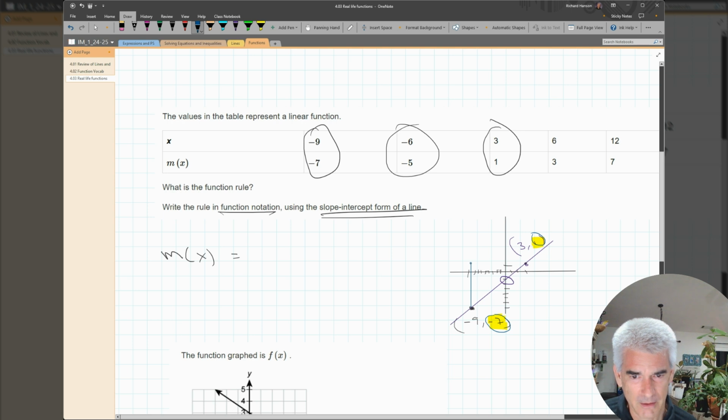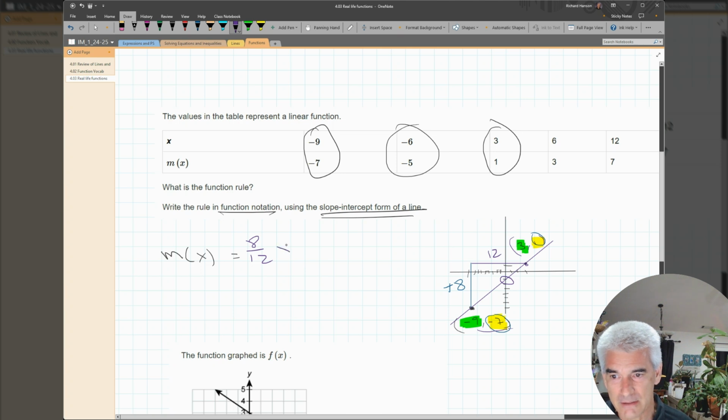Now using my x coordinates, started at negative 9, ended at 3. So I went over 12: negative 9 to 0 is 9, and then another 3. So this slope is 8 over 12, 8/12 x.